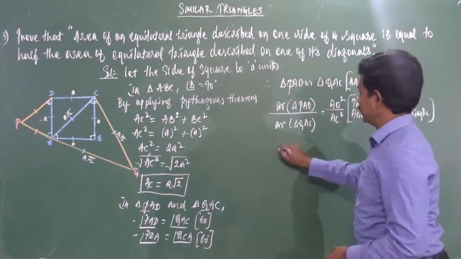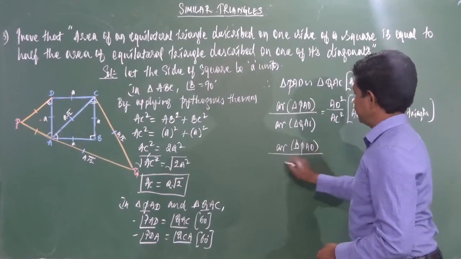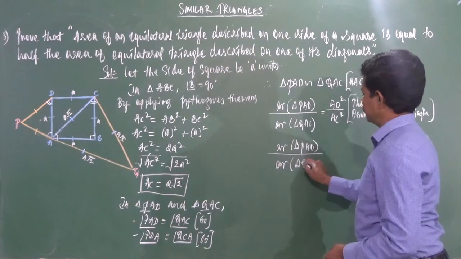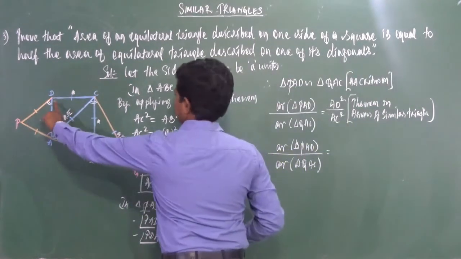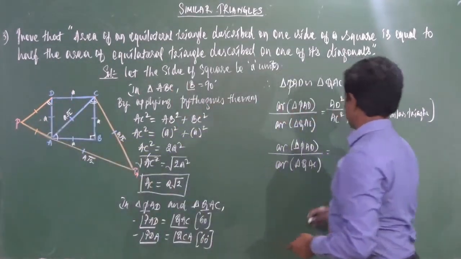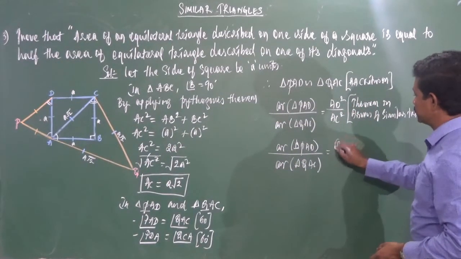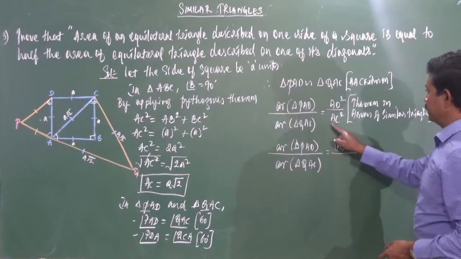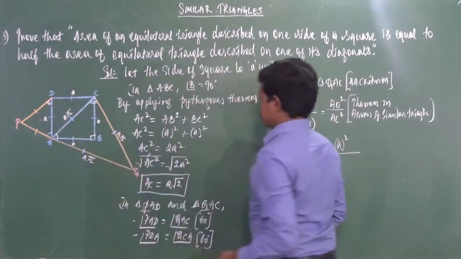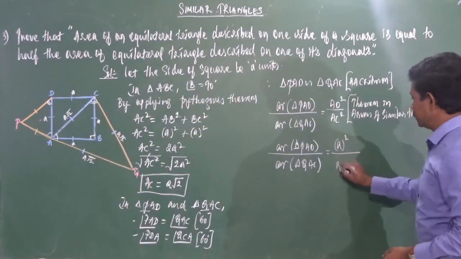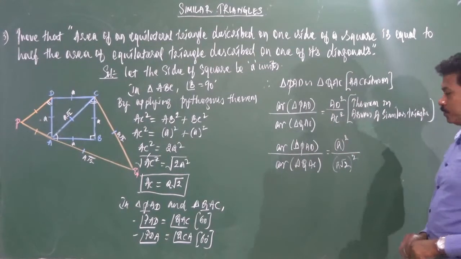Okay. So area of triangle PAD by area of triangle QAC is equal to, so we know that the length of AD is A. So AD is A, but AD has a square for that. So therefore it is A square by AC square. So the length of AC is A root 2. So instead of AC I can write A root 2, but it has a square there. So therefore I am going to put a whole square for that.